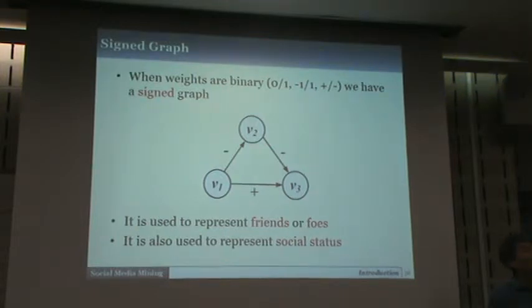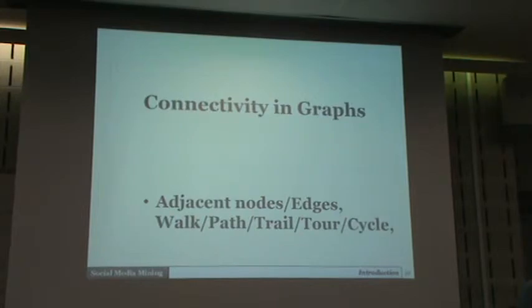You can use the binary sign to represent whether V1 likes V3, but V1 doesn't like V2. It's like that. Okay? This is a special case of the weighted graph. We can use the binary. This is very important to analyze the social media data.